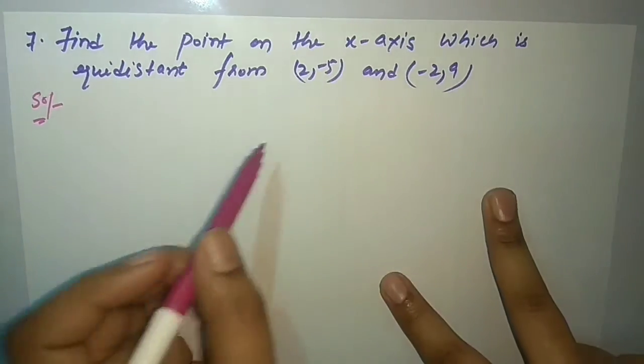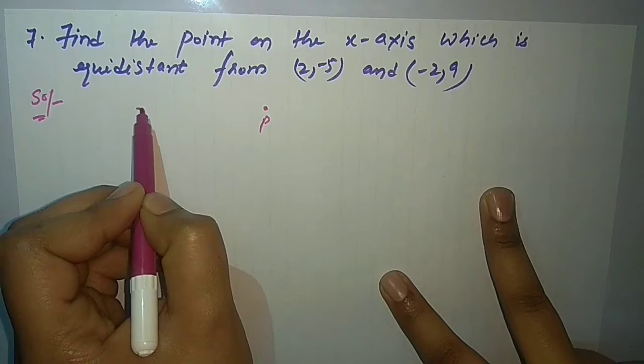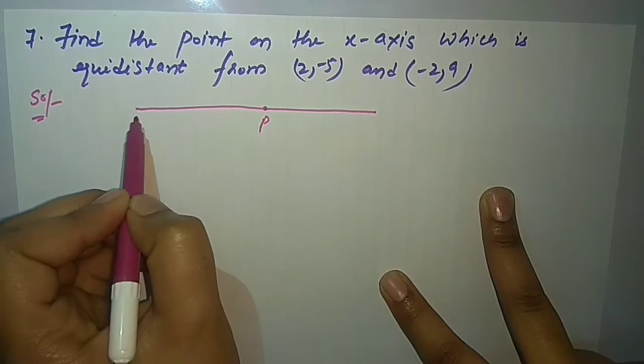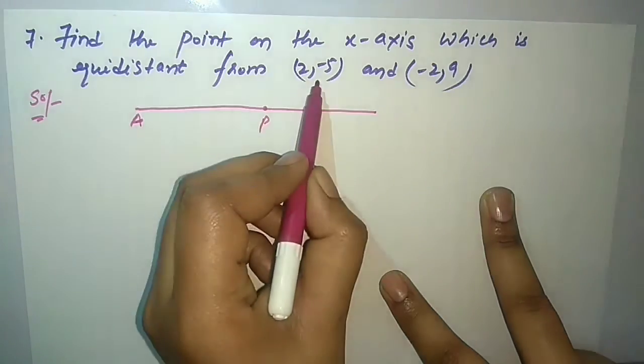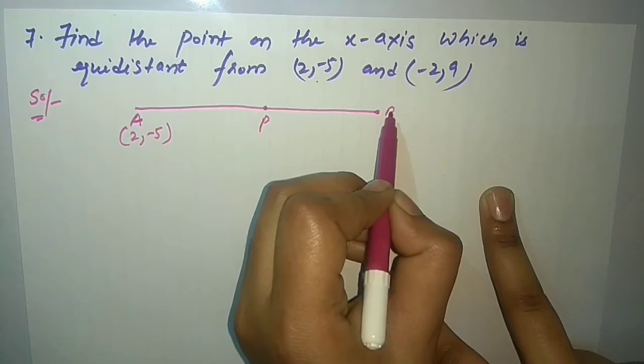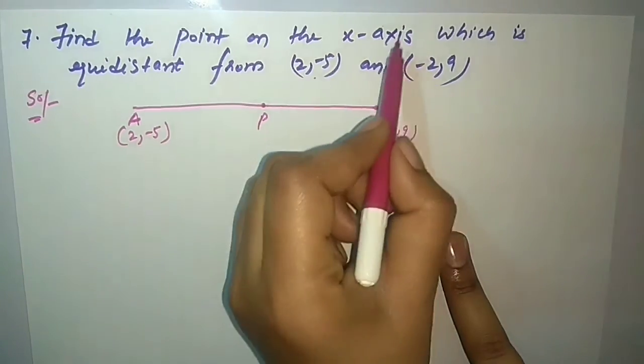Suppose we have a point P, and this point is equidistant from the point A, that is (2, -5), and B, that is (-2, 9). This point P is on the x-axis.